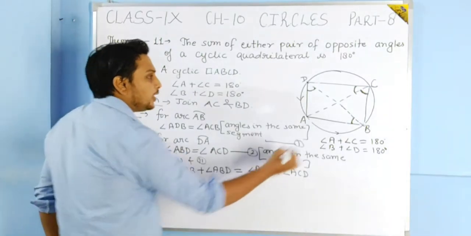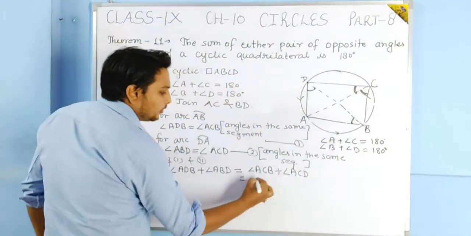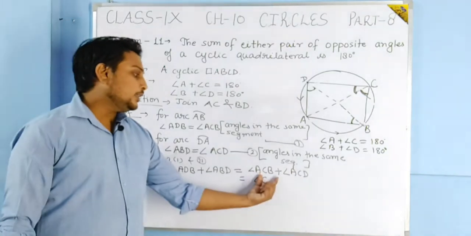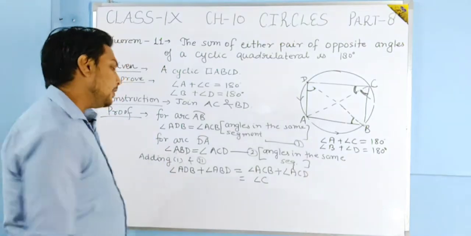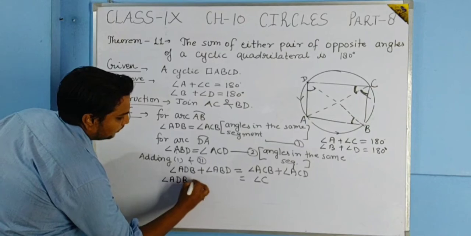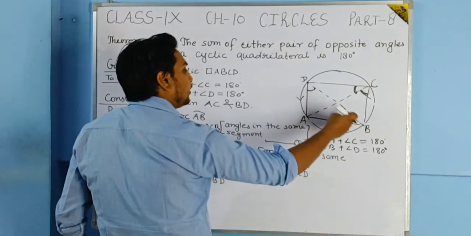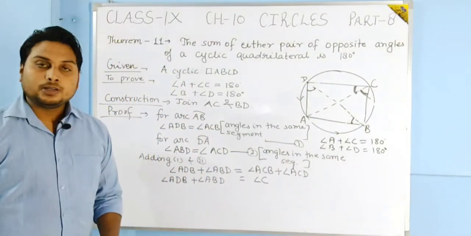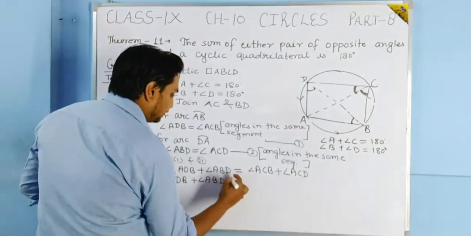So if we add these two angles, you can write that the sum of these two angles will be alone the angle C. And in the left hand side it is angle ADB plus angle ABD, this angle and this angle. Now students, this is equal to angle C.